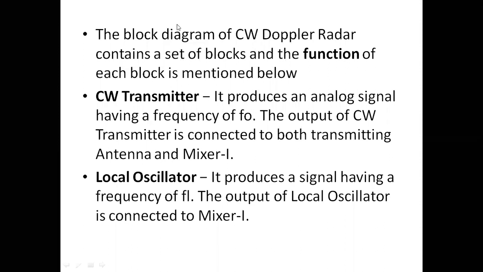First one is continuous wave transmitter. Continuous wave transmitter means it produces analog signals having the frequency f0. That means the signals which we are sending have the frequency f0. The output of continuous wave transmitter is connected to both the transmitting antenna and the mixer.